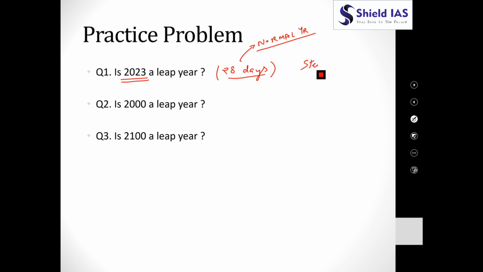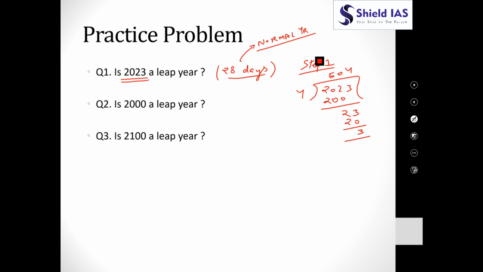So let us apply what we have learned in the last slide. In step 1, we will see whether the year 2023 is divisible by 4 or not. You can see that the remainder does not come out to be 0.